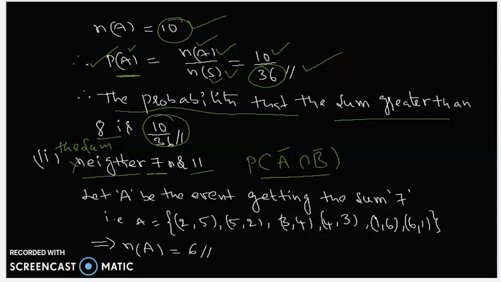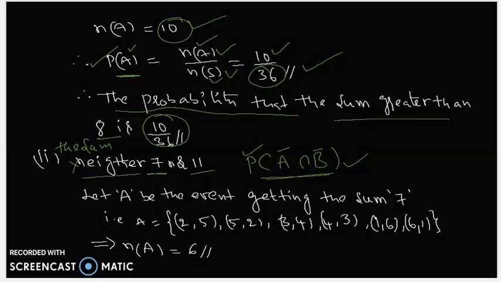This is the value we are going to find in the second problem. This means probability of neither A nor B.